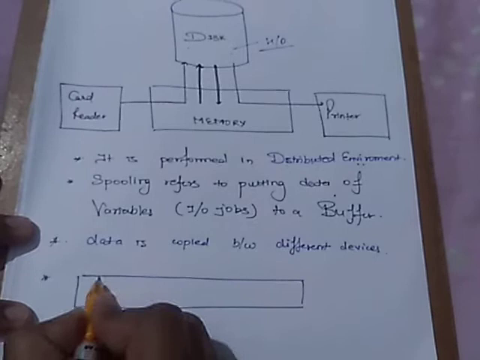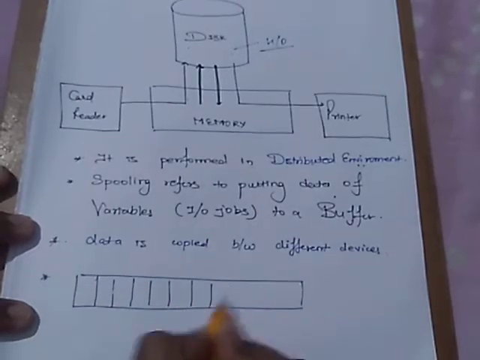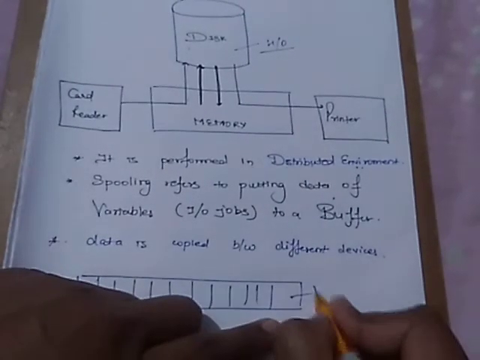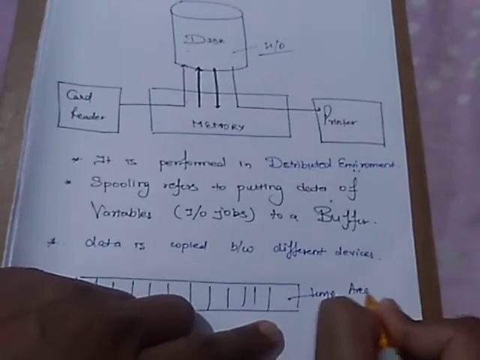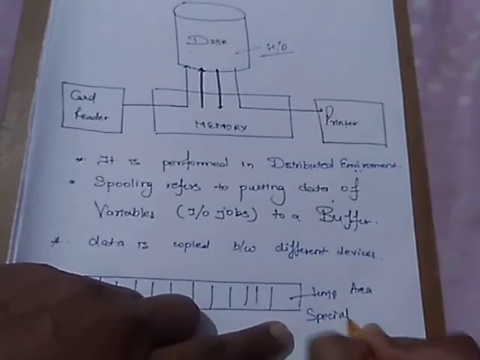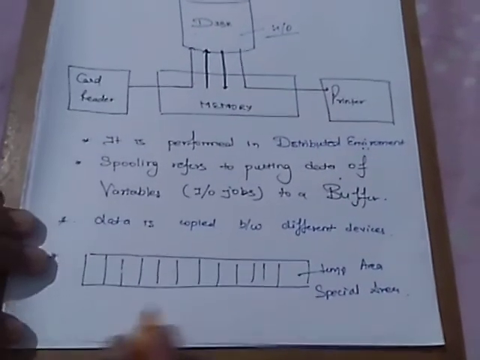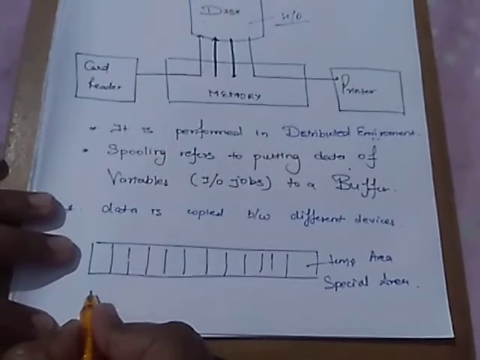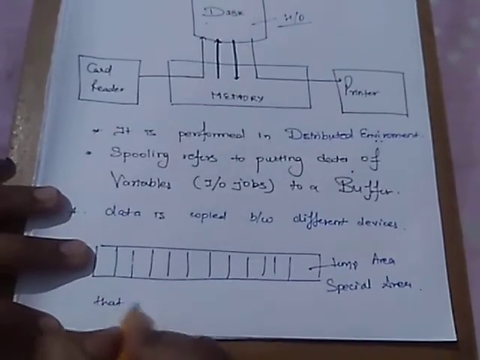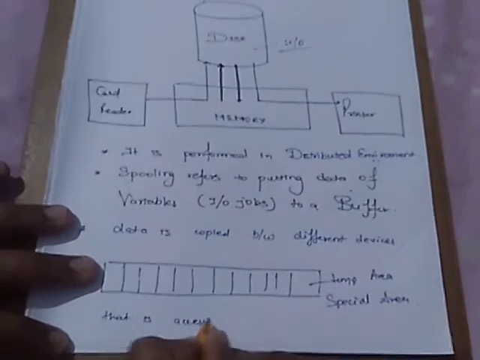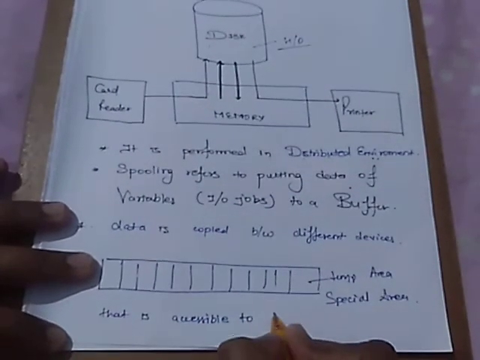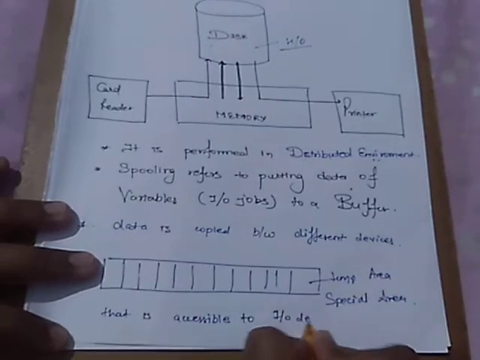A buffer is a temporary area or a special area in memory or hard disk that is accessible to input output devices.